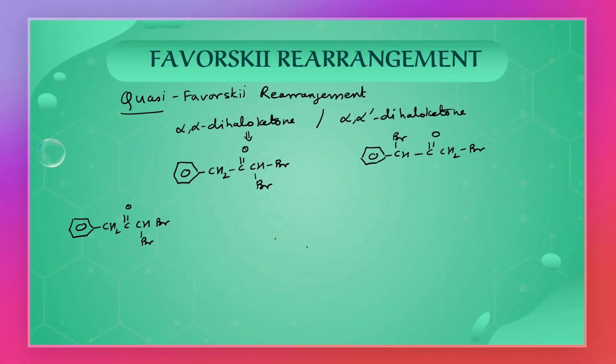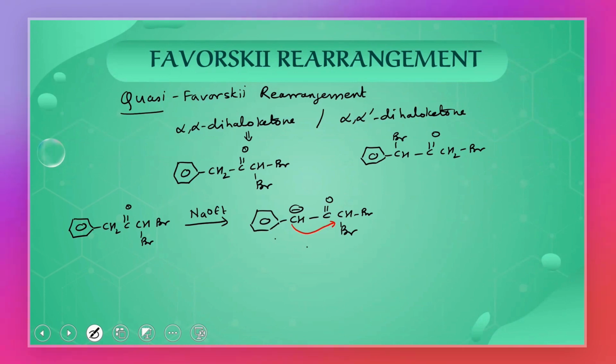Same as the previous one, you take the base sodium ethoxide. You'll be having deprotonation, formation of carbanion. Then you'll be having the intramolecular nucleophilic attack, relieving one of the Br, resulting in the formation of the cyclopropanone intermediate.